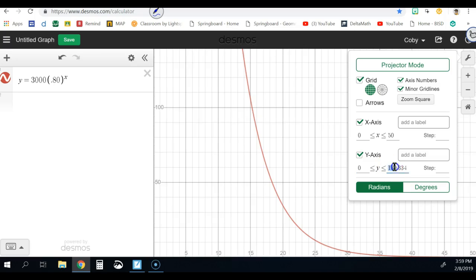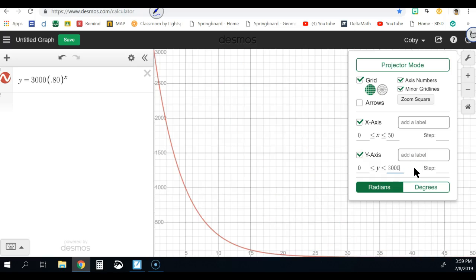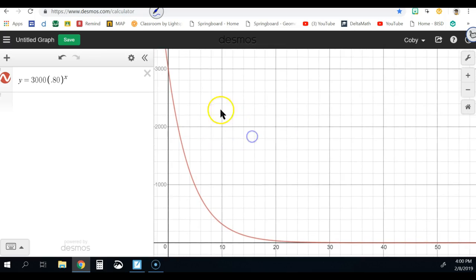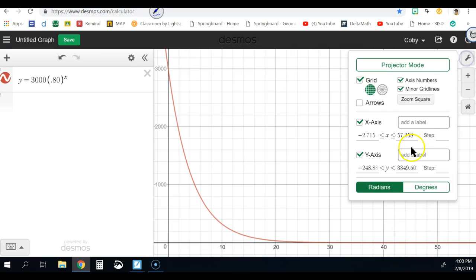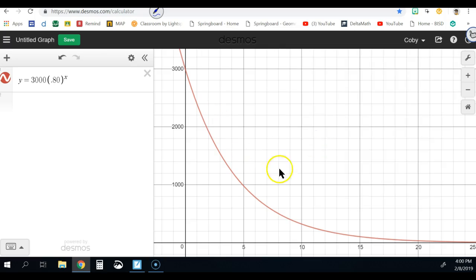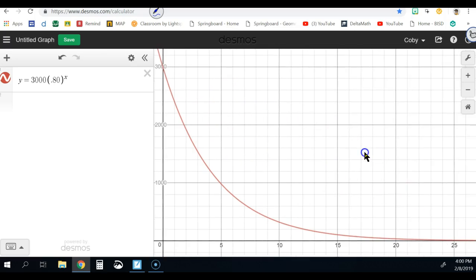The highest I want to go is 3,000 because that's the highest amount. You can tell it drops pretty quickly. So I might have overestimated how far I need to look. Instead of going up to 50 years, maybe 25 years is good enough.